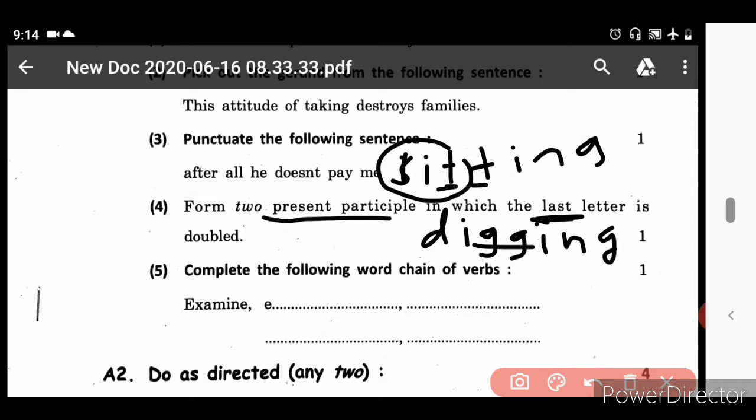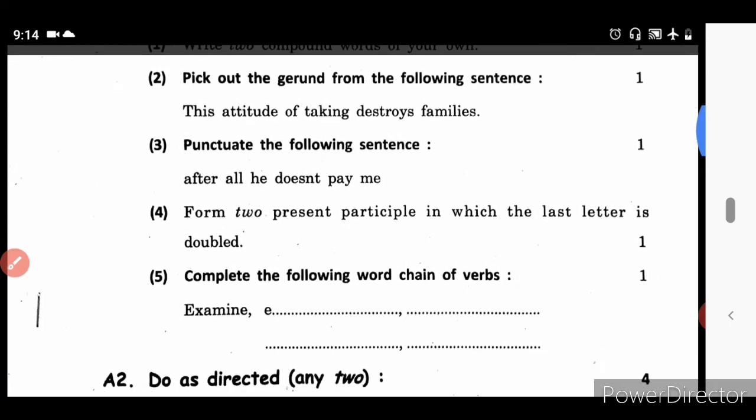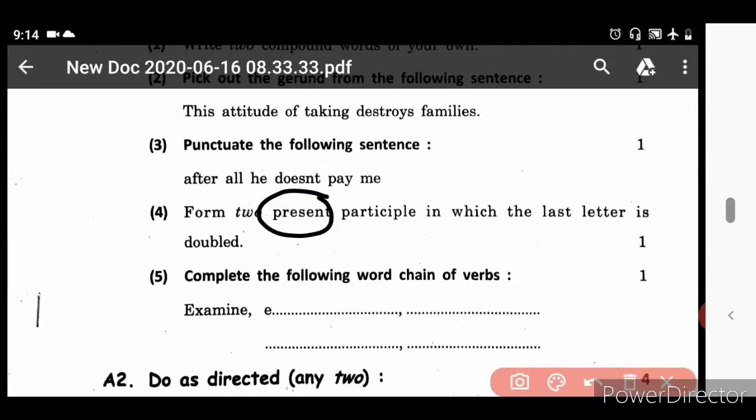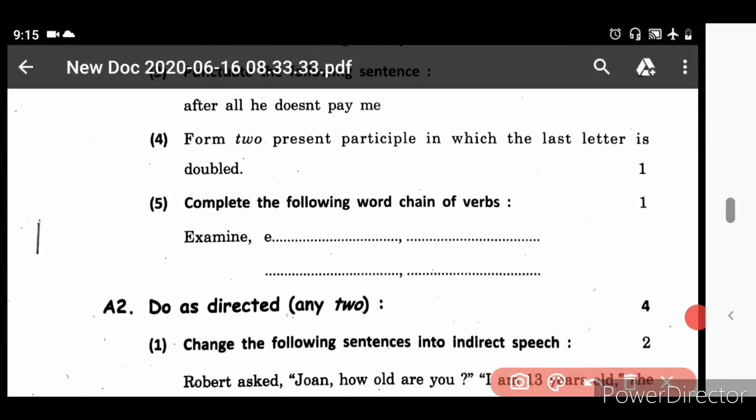Like this you have to solve these questions. In question papers you also have to write the past participle. So learn how to write present and past participles, and read all of them.